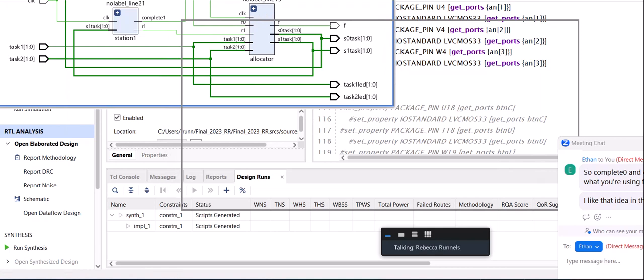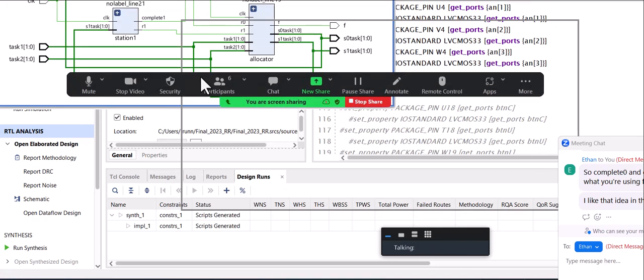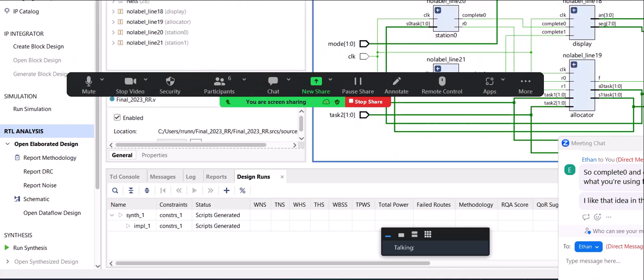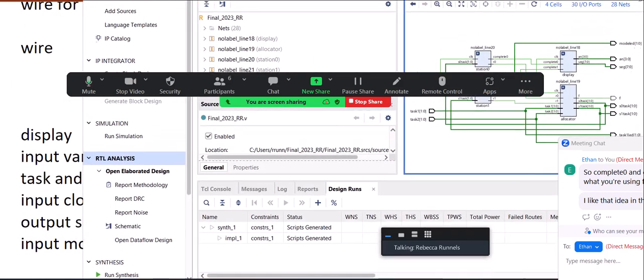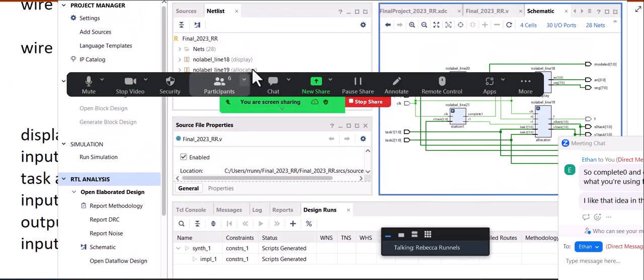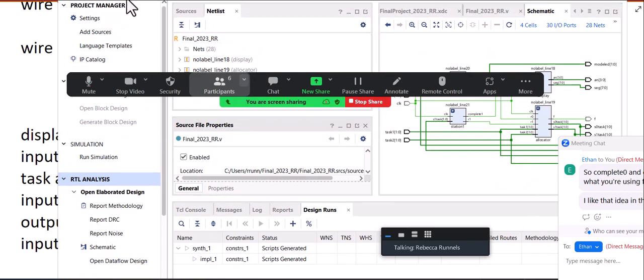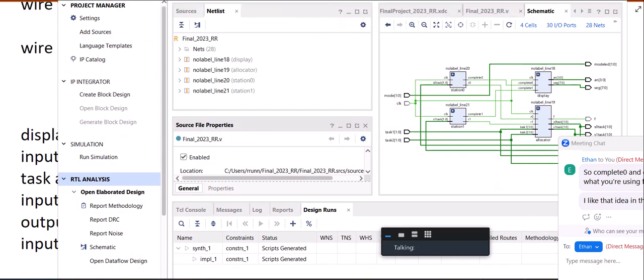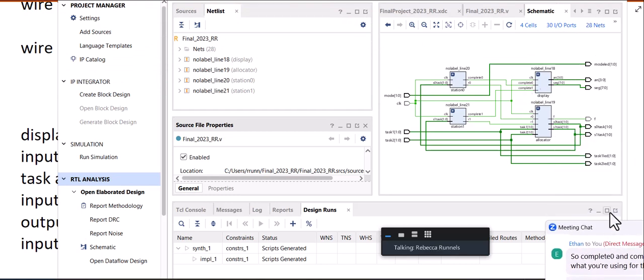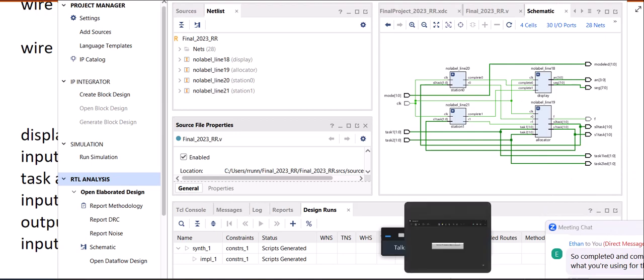I'm trying to get this to where it all is inside the screen for what I'm recording as well. Okay, so if you look at this, let me grab it.